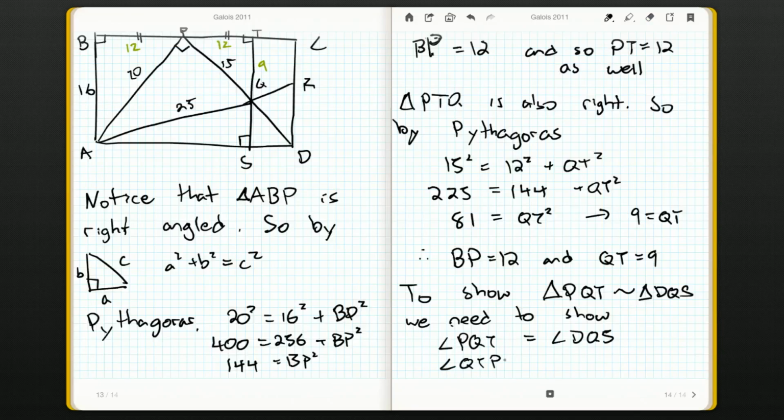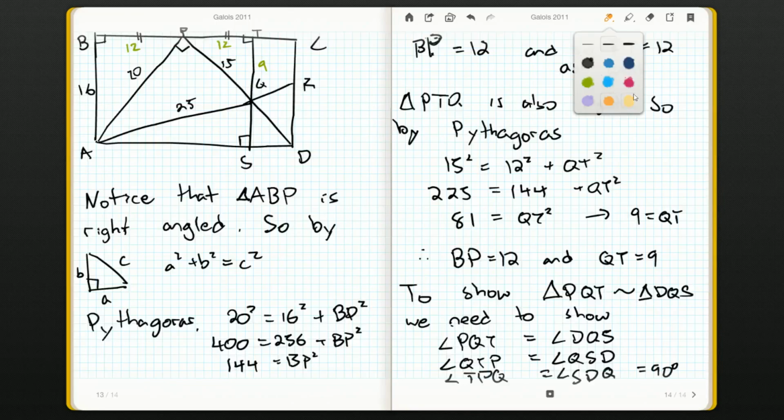So QT, and then I put a P there, should be equal to, I shift over by 1, QSD, and then we shift over once more, TPQ should be equal to SDQ. Okay, so these are what I want to show. But these ones are equal to 90. That's given to us. So we just need to show the remaining two.